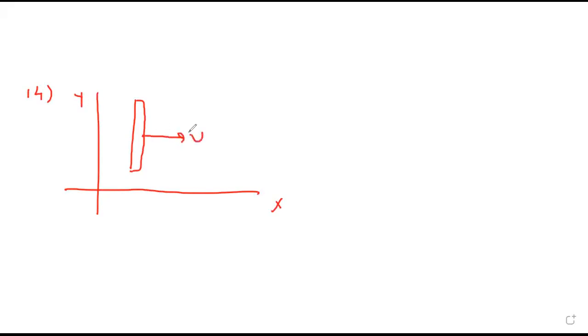14th. A conducting rod AB is moving with velocity v in this field.